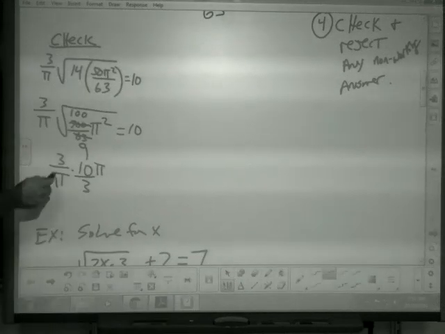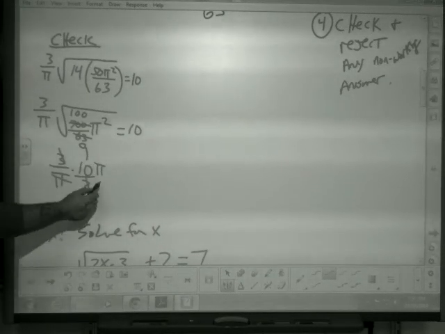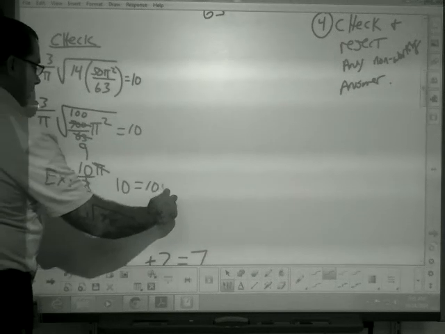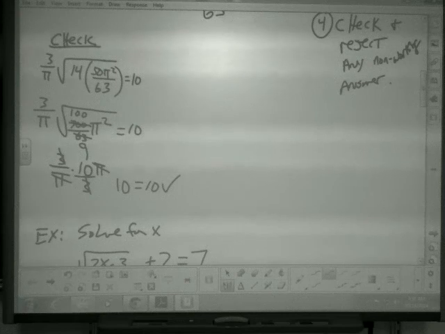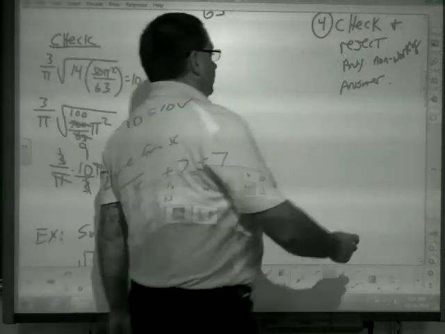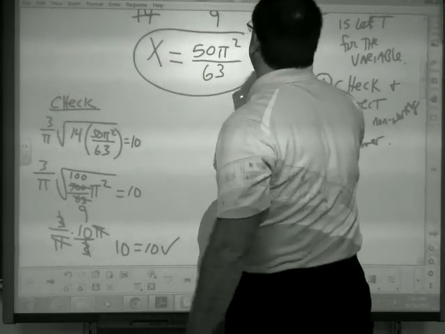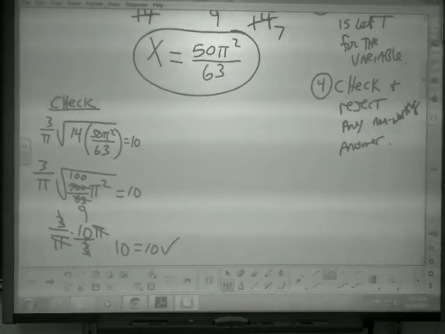That works out nice because the 3's will reduce, the pi's will reduce, leaving me just 10. And so what I have left is 10 equals 10. And that checks. So my answer's good. I circle it. That's a good answer.